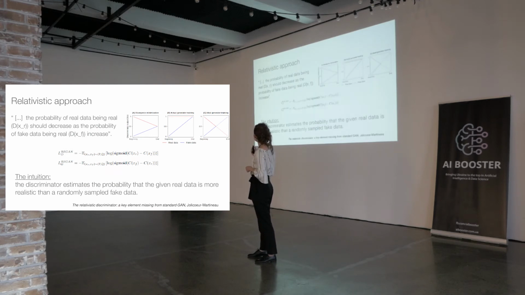What I found really great among other things in the improvements of the objective function for GANs was a relativistic approach to dealing with GANs. So it's not just that you want the discriminator to know what is good and what is bad, like 0 for fake data, 1 for real data, and having 0.5, a random guess, when everything has converged and it doesn't really distinguish anymore between fake and real.